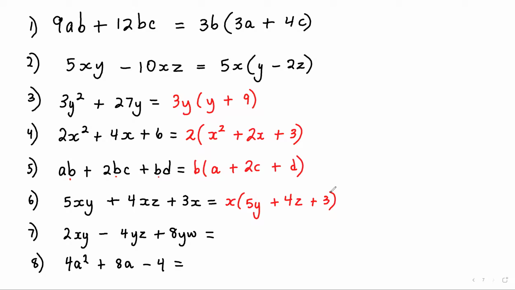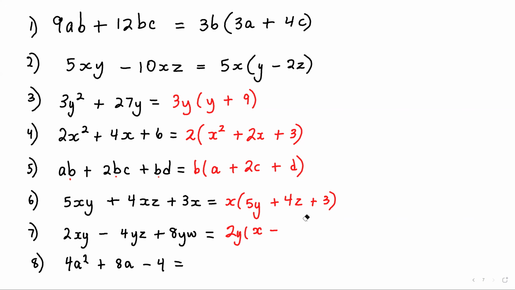In number 7, you have 2 as a common factor because 2 could go into 2xy, 4yz, and 8yw. So the common factor is 2, and then among the variables, y is also common. So 2y into x minus 4z, sorry, not 4z. Sorry about that.